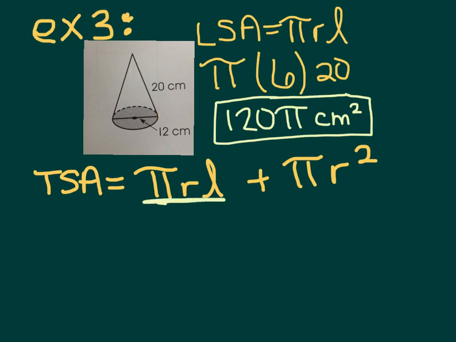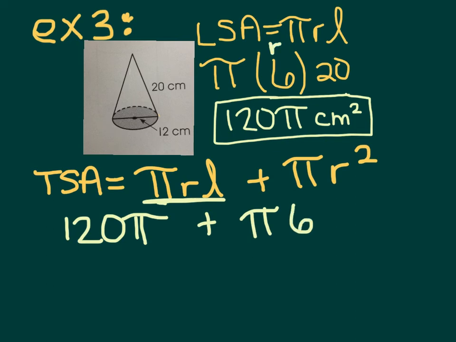We just did that up top, so we know it is 120 pi. But right here, we're going to have to plug in our r squared. Now remember r, that was this right here? So we got 6 squared. We need to find out what that actually equals. 6 squared is 36.